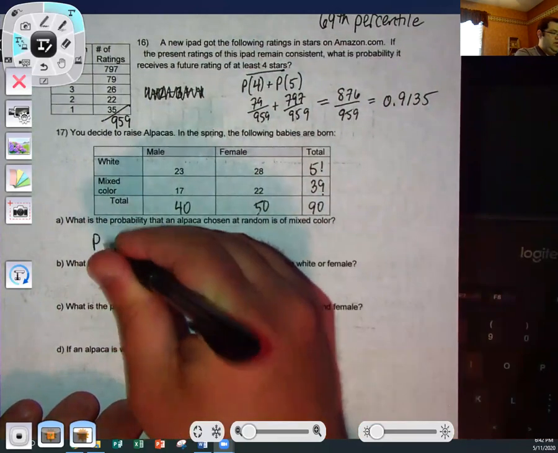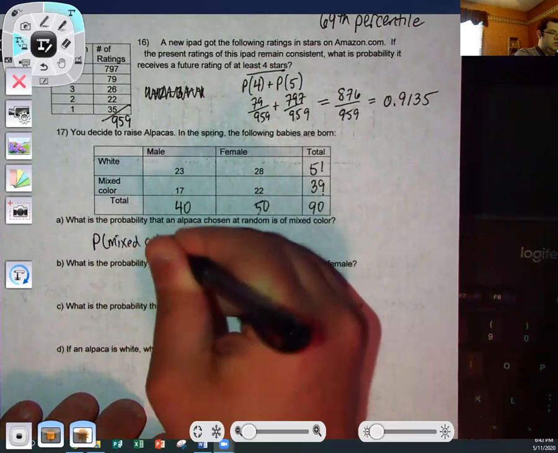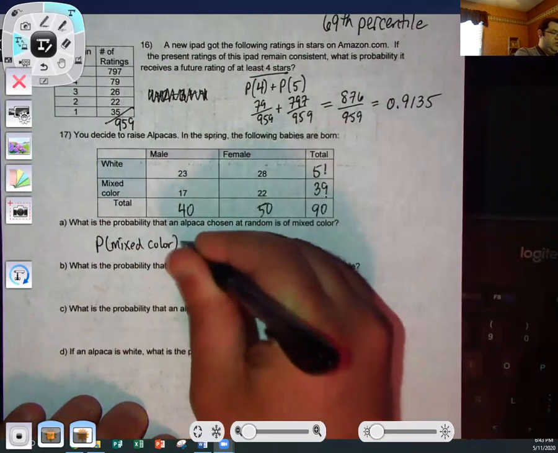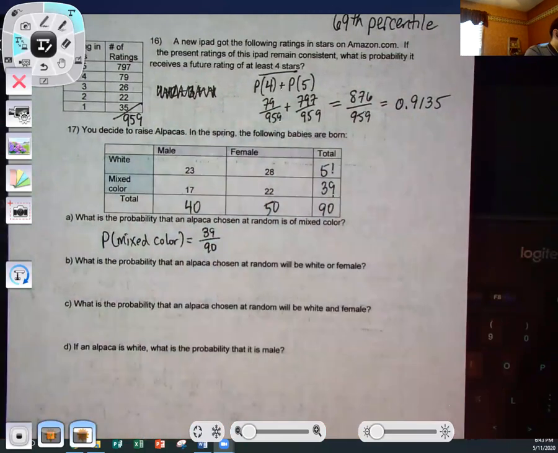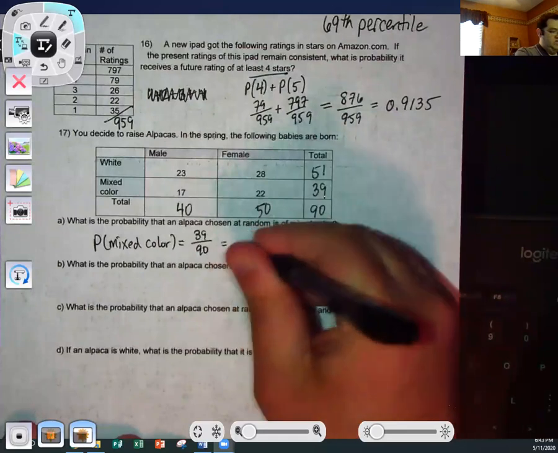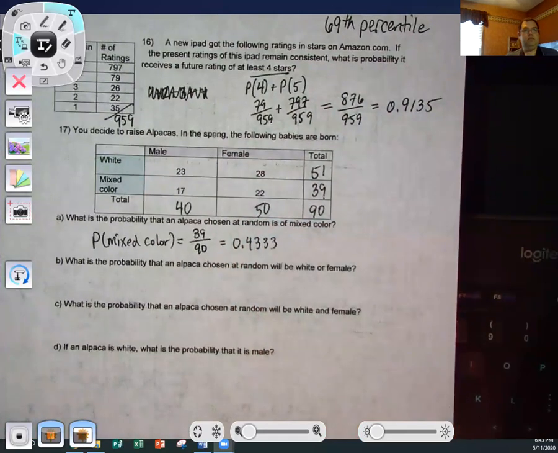So the probability of choosing a mixed color would be 39 out of 90. So 39 out of 90 is approximately 0.4333.